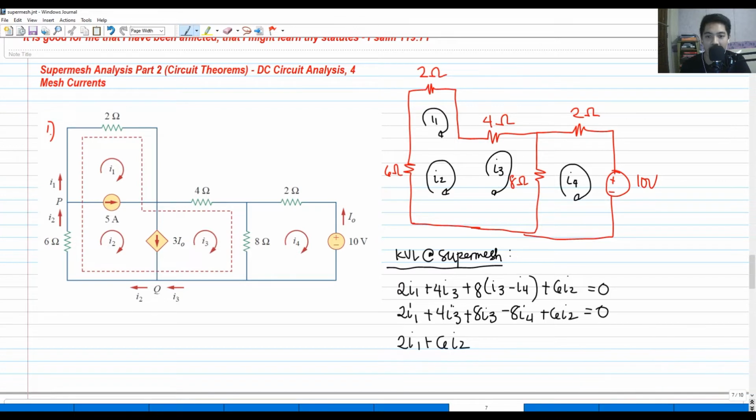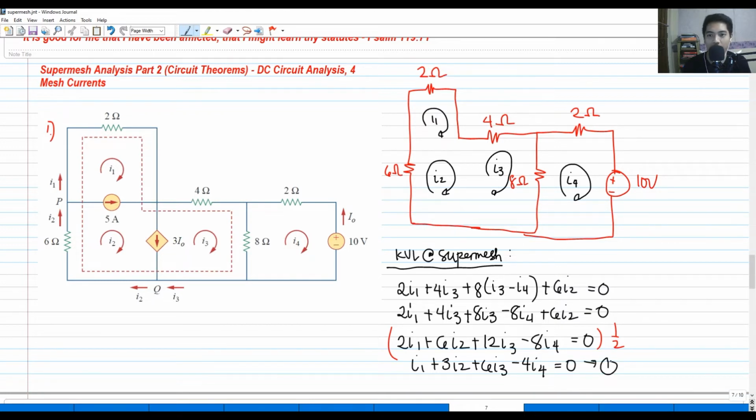And then we have 4 I sub 3 plus 8, we have 12 I sub 3, and then minus 8 I sub 4 equals 0. So if we divide both sides of the equation by 2, we'll be having our equation 1. We have I sub 1 plus 3 I sub 2 plus 6 I sub 3 minus 4 I sub 4 equals 0. And this will be our first equation.